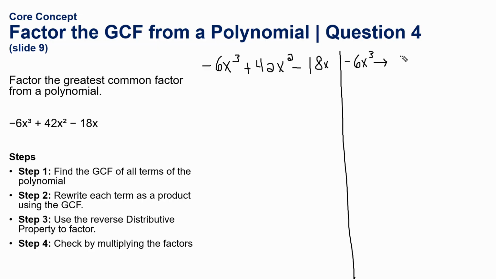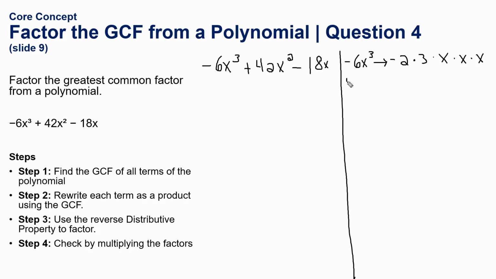So what we have here is 2 times 3. And the other thing to note is usually when the first term is a negative, it is often cleaner to factor out a negative GCF. So that's where I actually like to put a negative 2 here. So our greatest common factor at the end will be negative. And then we have times x times x times x.